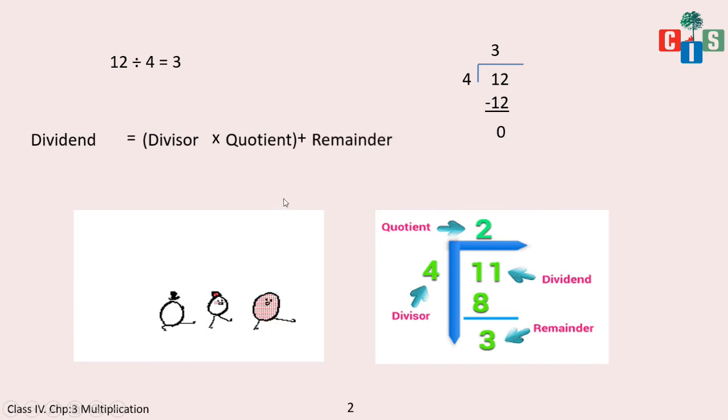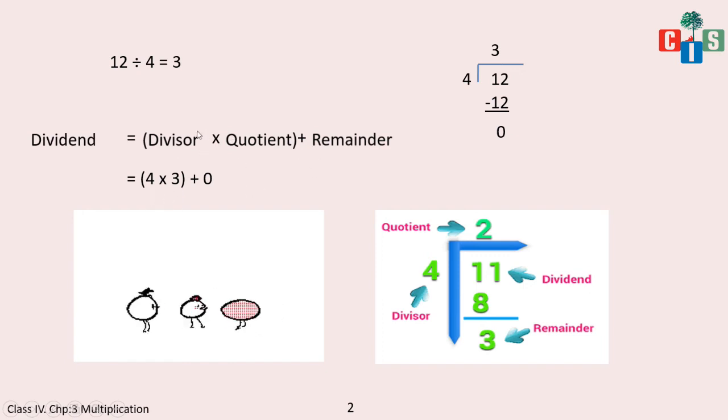This is very much important, students. Remember this equation. Now here the divisor is 4 and the quotient is 3. That's how I have written what each particular term is. And 4 3s are 12, so 12 is my dividend.